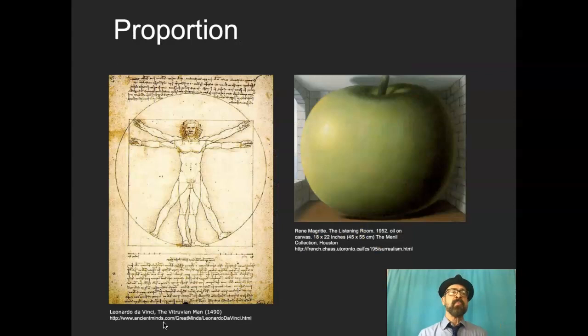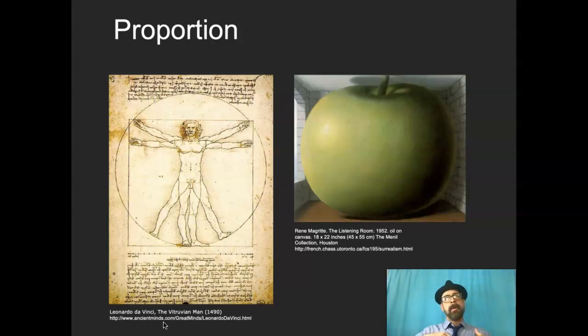Okay. Proportion. Size of parts in relationship to the whole, or to each other, right? If we look at Leonardo's Vitruvian Man, we see those proportions of the human body, right? Hand to arm, to torso, to head, to like overall height.